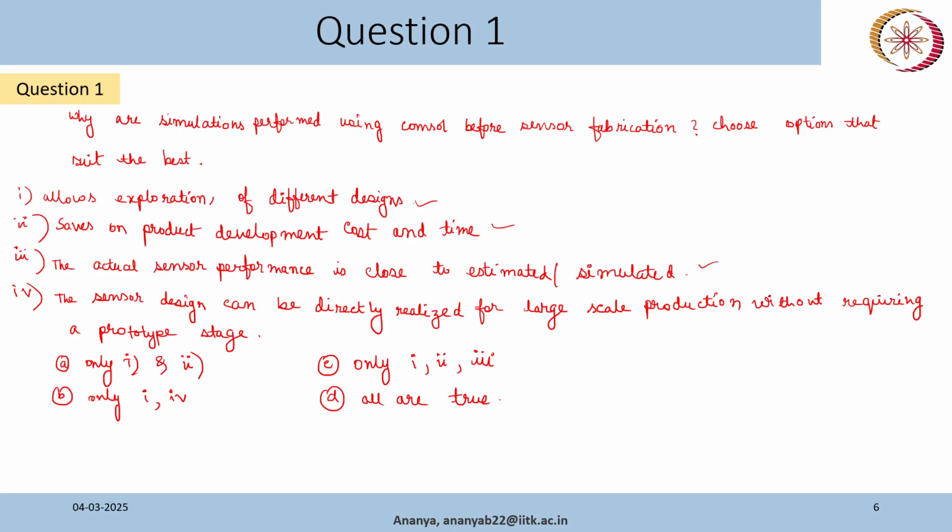And say you are making some suspended structure, you cannot exactly simulate what will be the air gap between your suspended structure and the layer below it. Say you simulated with a certain value, that the suspended structure and the beam and the layer below it will have a distance of say a few micrometers. But practically maybe it is a different value.